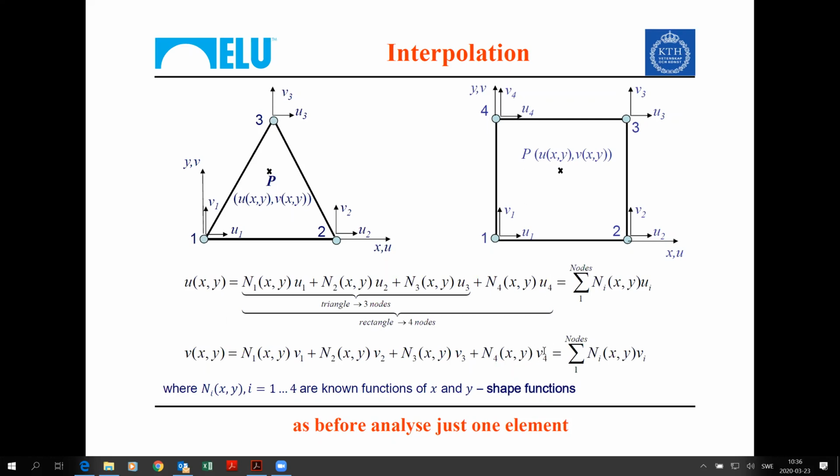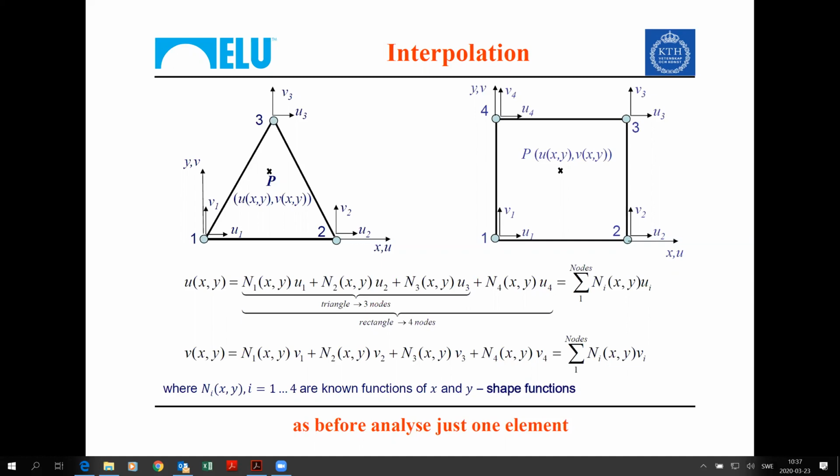N4 will multiply this time v4. So actually, for both these elements, we can write symbolically u of x and y is a sum from 1 to the number of nodes of Ni of x and y times ui. v is the sum from 1 to the number of nodes of Ni of x and y times vi.